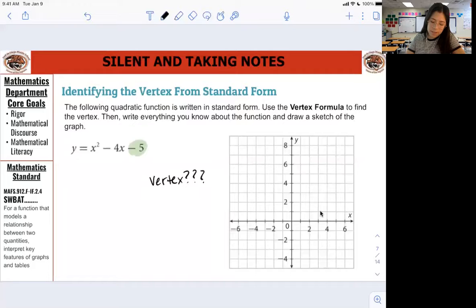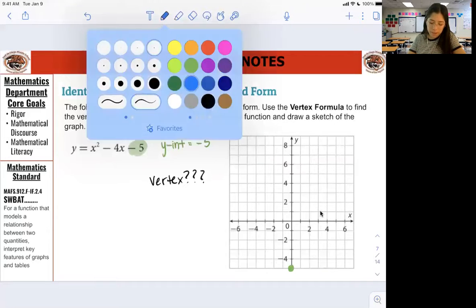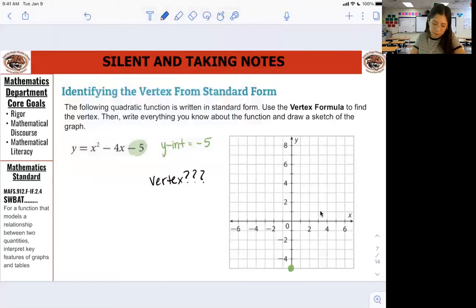So in this case, would I be able to graph it? No. Because, okay, I can put the y-intercept down. It's at -5. Okay, there's -5. But without the vertex, I don't really know where it's going to be. I know that a equals 1. So it's facing what? Up or down? Up.